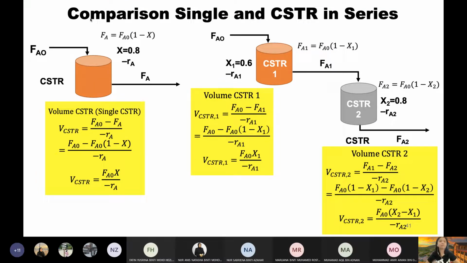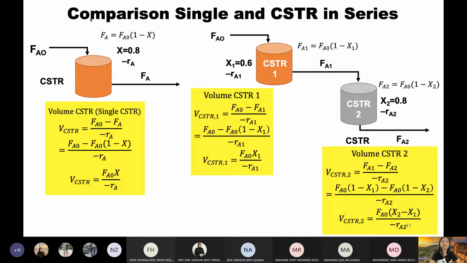Okay, now next. To understand the volume of the reactor, kamu kena faham. Okay, we want to calculate, previously we calculated the volume for single reactor to achieve the desired conversion. So we are going to do the same one when we have reactor in series.